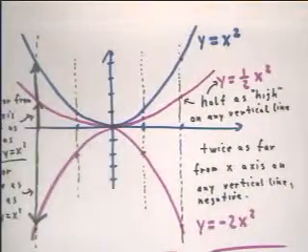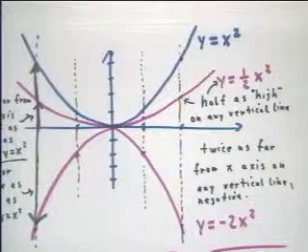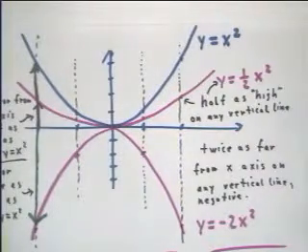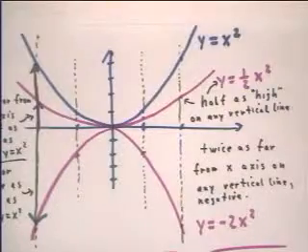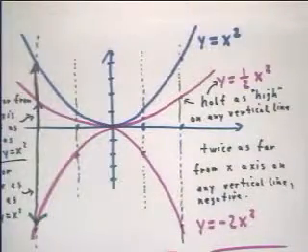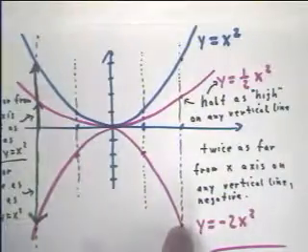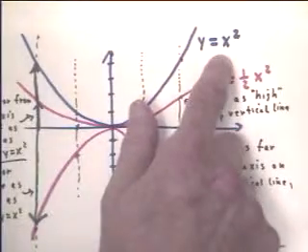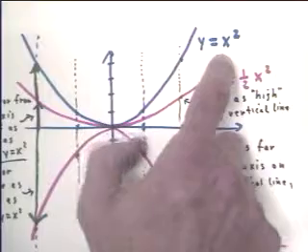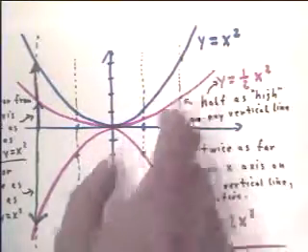Now we can also look at the graph of y equals -2x squared. That's, of course, the graph that you see here. If we multiply x squared by -2, we get a value that's twice as large but negative.